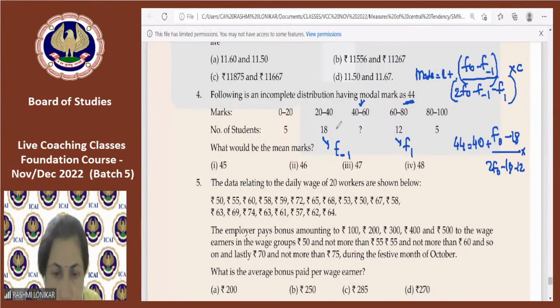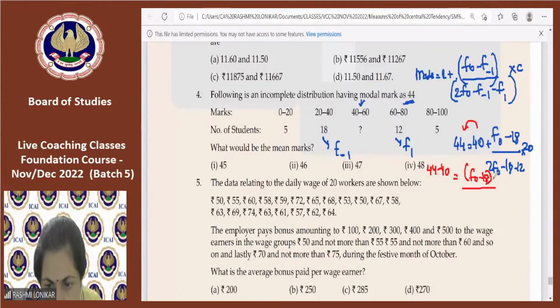How much is C? 60 minus 40, this is 20. So this 40 I will take this side. So this will be 44 minus 40 is equal to (F0 minus 18) into 20 upon (2 times F0 minus 30).